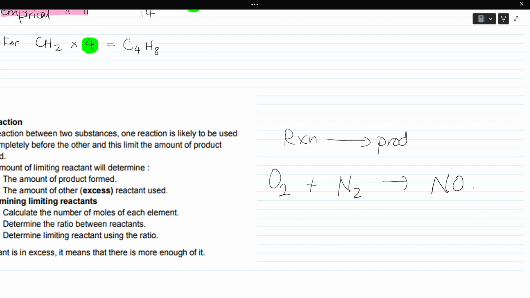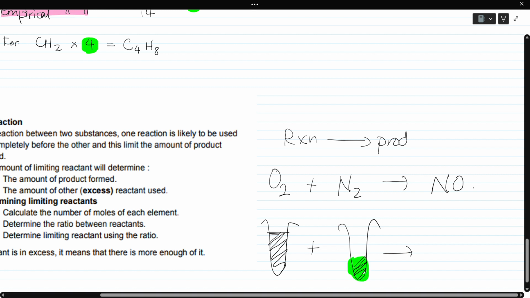But if I'm reacting with oxygen and nitrogen, usually I'm not going to use all the substance that I have. So if you think about a lab and you think about your test tubes, if I've got this much oxygen and I've got this much nitrogen, I'm not going to end up using all of the amount that is in the test tube. I may use all the nitrogen, but I may only use this much oxygen. So I might have some left over.